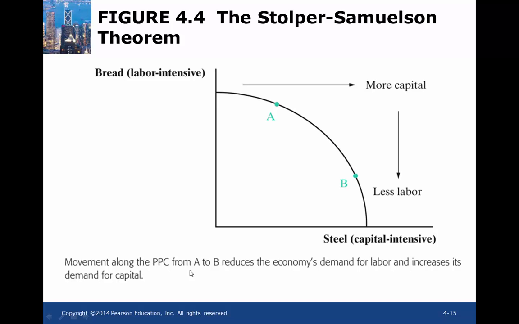Movement along the PPC from A to B reduces the economy's demand for labor and increases its demand for capital. See, as you move from A to B, it reduces the economy's demand for labor and increases demand for capital.